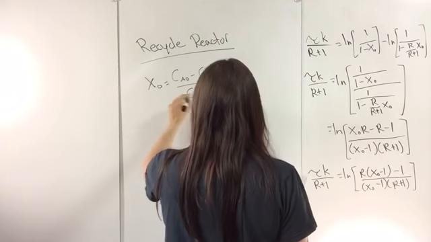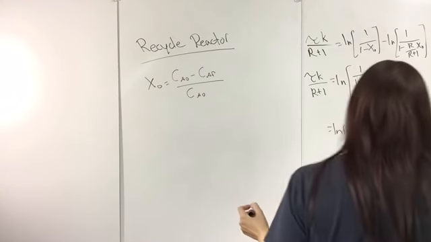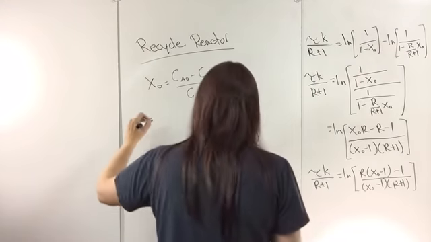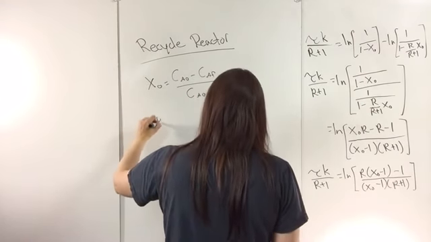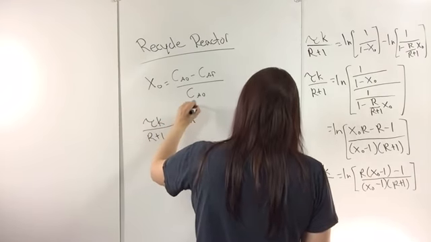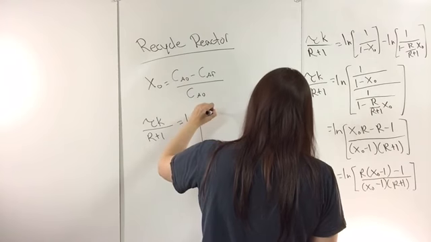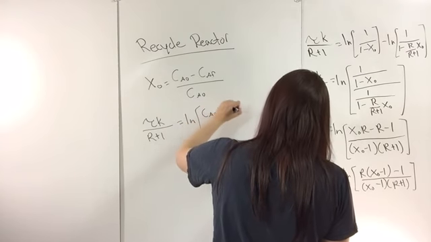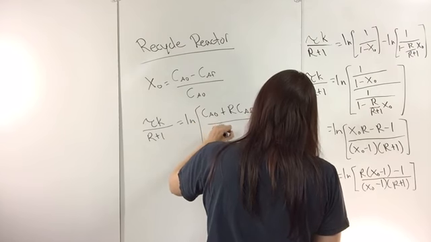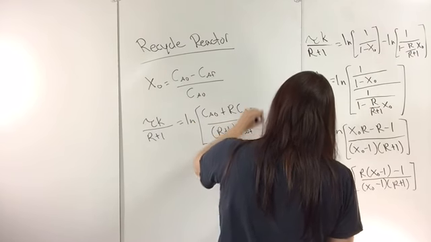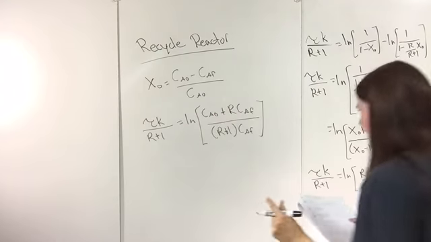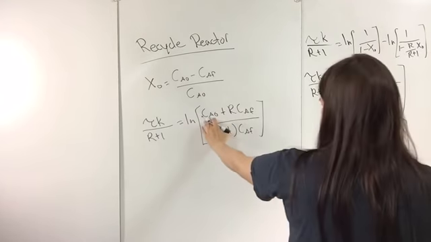I'm not going to go through the details of the algebra, but if you plug this in for X_0 and simplify, you get that tau k over R + 1 is equal to the natural log of (C_A0 + R C_AF) over (R + 1) multiplied by C_AF. And so then we can calculate k. We know what C_A0 is.